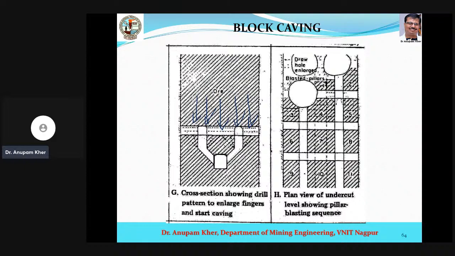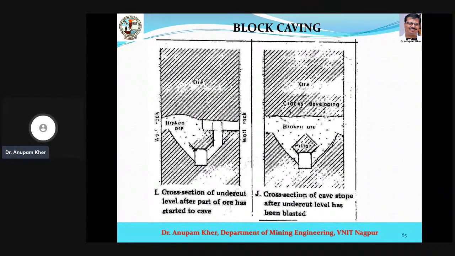You have to instigate it by some mild blast or something. You have to do something so that the strata caves in. Now you can see this much portion will all cave in, and it is coming up through these two finger raises, and this drivage has to be very well supported, then only you can work in this. Then you can collect the entire material.